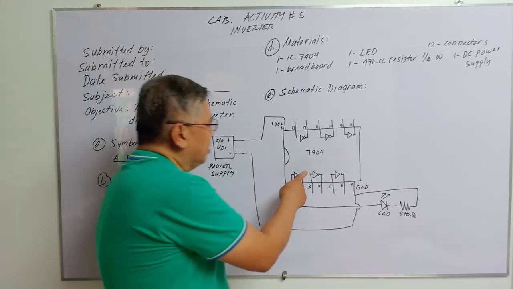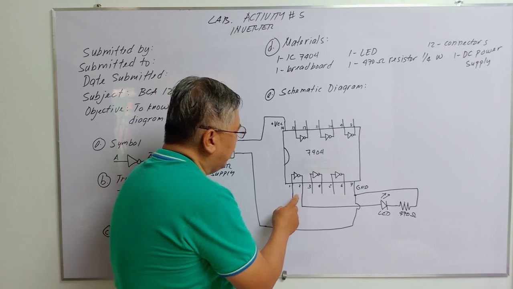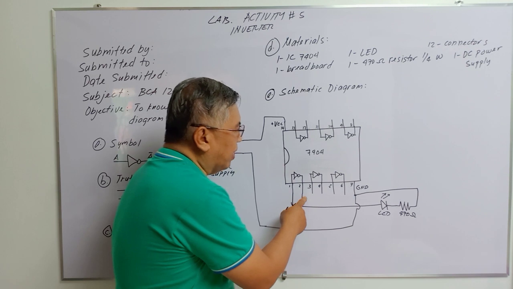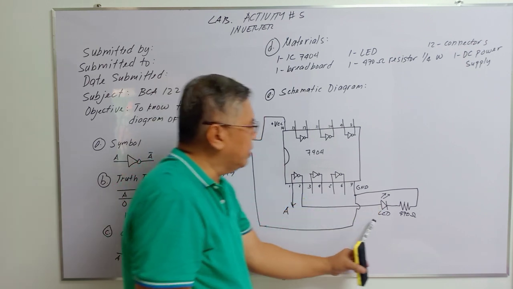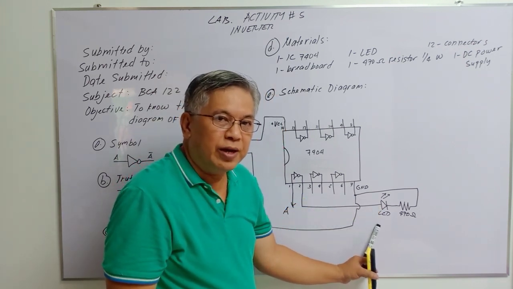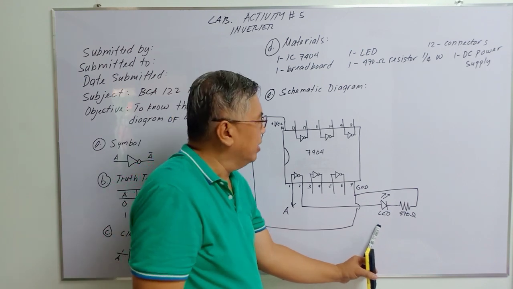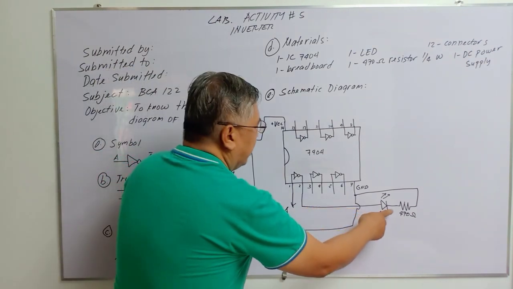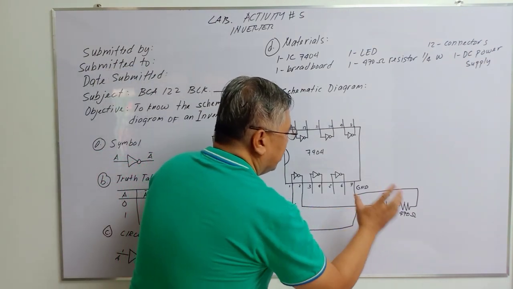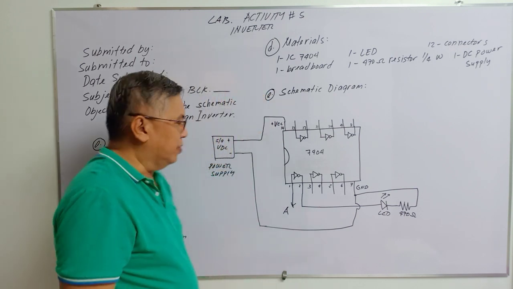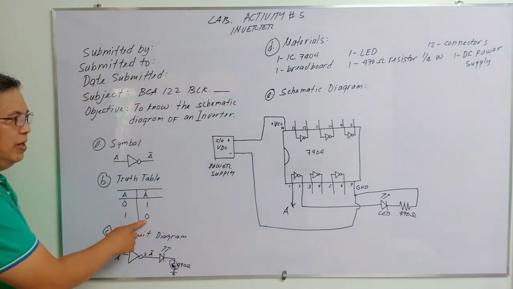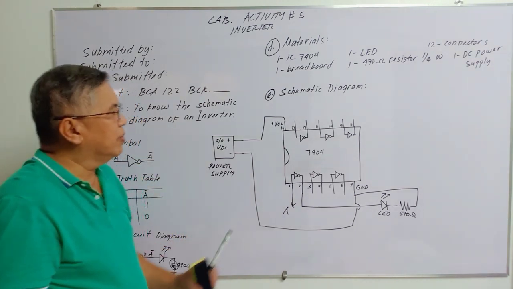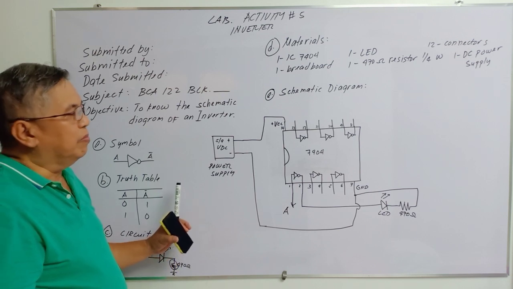Since this is an inverter, if input A is 1, your inverter will produce a 0 value, thus making your light emitting diode off. So it will not light. That means the output of your light emitting diode is 0, which is this one here. Okay? So that completes the schematic diagram of our inverter.